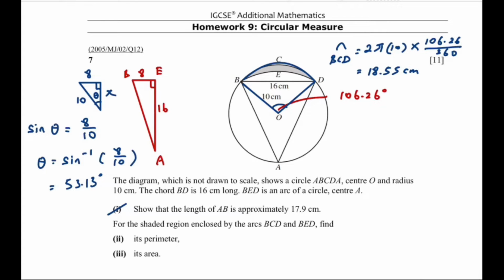Now I need to look at sector ABED. In order to find the arc length of BED, I need to know the angle here. Remember, the angle at the center is always twice the angle at the circumference. So this one should be 53.13.